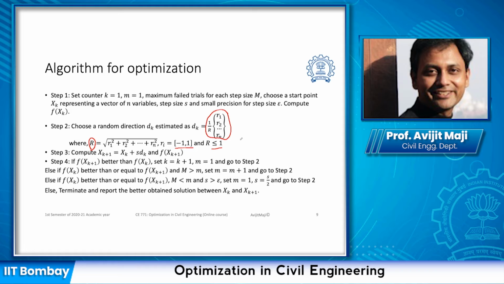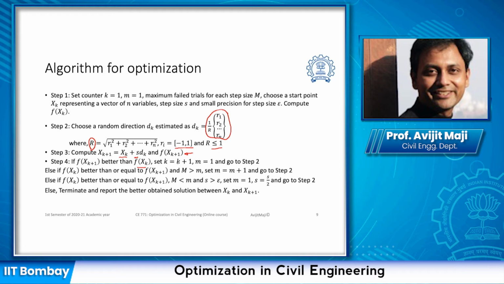Once we know the direction, we can easily find a point in the neighborhood of the given point xk for a given step size s by using this particular formula, and once we find that point, we need to evaluate the function value at that particular location. Then we need to move to the next step, which is step 4. At this point, we need to compare the objective function value of the new point which we just obtained with the objective function value of the point which we had earlier, or from where we started, which is xk.